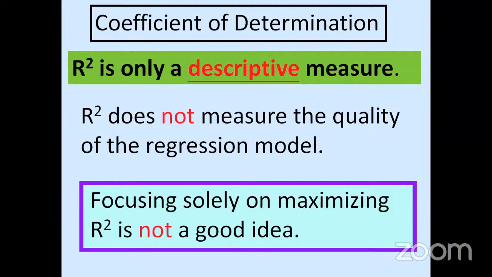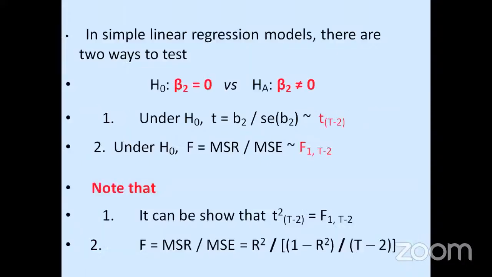It's a descriptive criterion we generally follow, but R square by itself won't give you the entire picture of the quality of your regression model. There are other criteria to follow, but R square is one of the sufficient decision criteria for the completeness of the model.